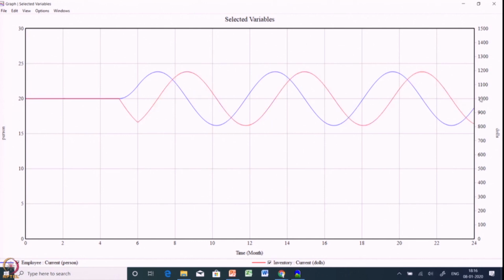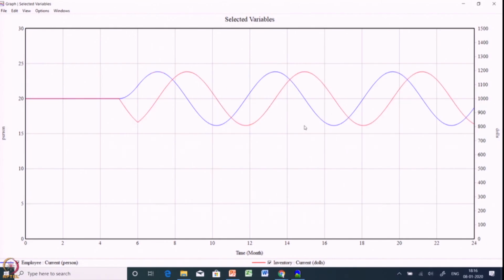Inventory is on the right-side y axis. Since inventory was too high, the company started firing people so they could produce less, then inventory fell lower than the target, and as soon as it fell below the target, the company started hiring more people, and so on and so forth, resulting in oscillatory behavior over time.